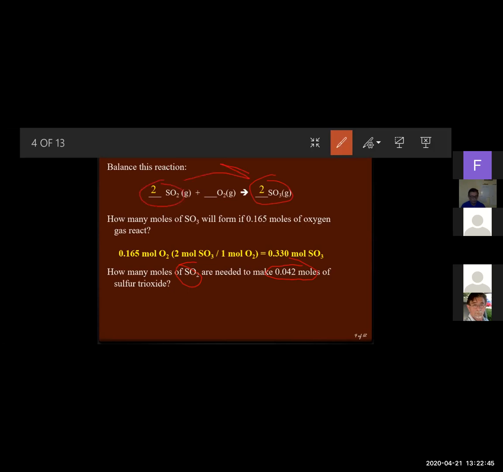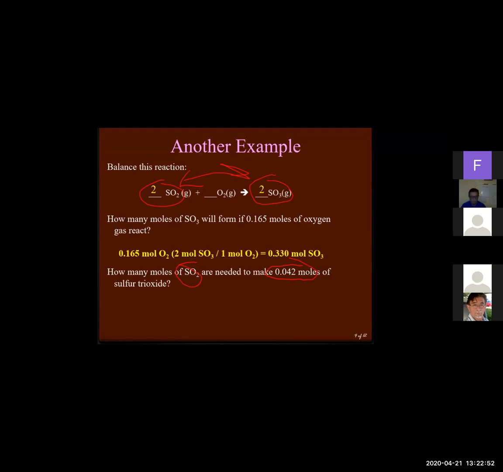And that relationship, you can see it's a 2 to 2 or a 1 to 1 relationship. So we can set up the problem, and guess what? It's the same value. Why? Because in the balanced chemical equation, it's a 2 to 2 relationship or a 1 to 1. So if I need to make 0.042 moles of sulfur trioxide, I need 0.042 moles of sulfur dioxide.